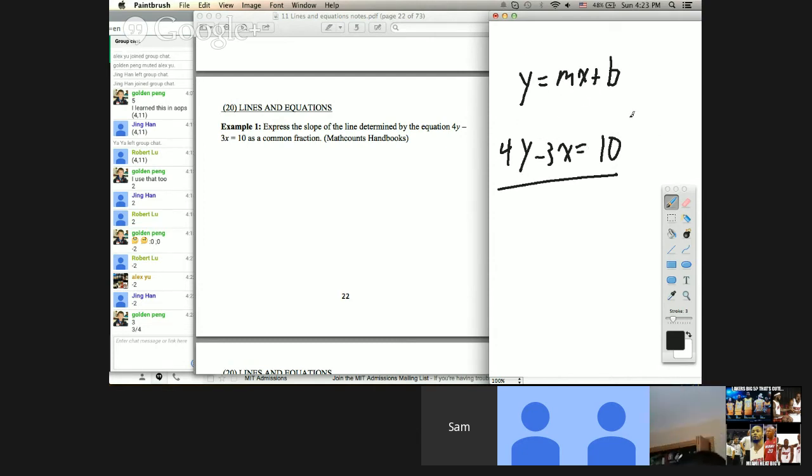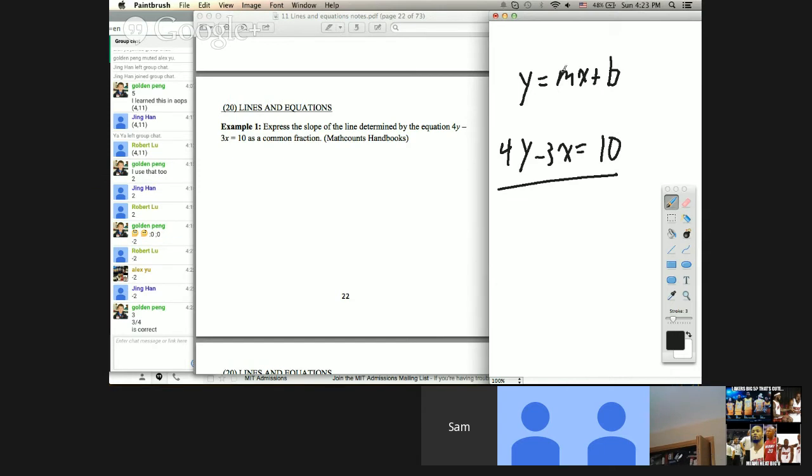Basically just move x to the other side and then divide by whatever the coefficient of y is to find m. Try to get this to look like y equals mx plus b and see what m is, because m is the slope and it asks for the slope.